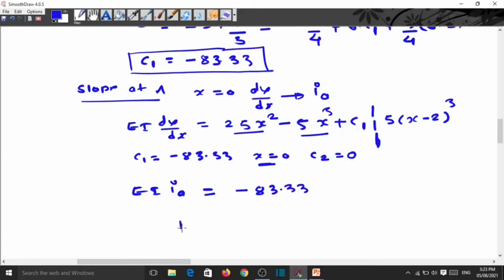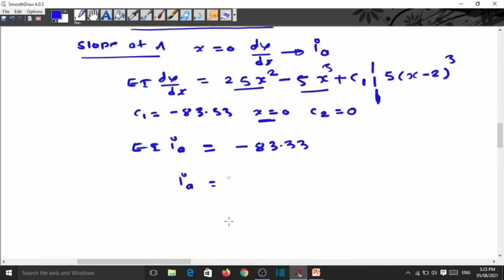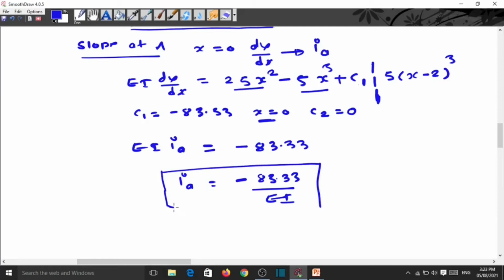So we got the value EI theta A is equal to minus 83.33 divided by EI. So we got here the slope. This negative sign indicates that the slope is clockwise.